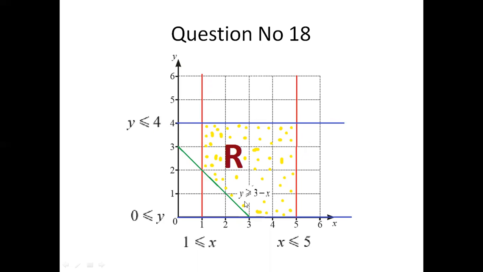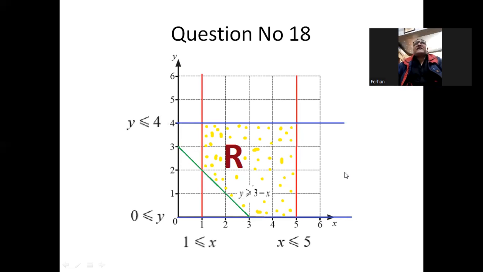Then there was a third inequality given, y equals 3 minus x. I will draw a table. I will put some values of x: 0, 1, 2. At 0, it will give you y equals 3, put a dot here. At 1, it will give you y equals 2. At x equals 2, it will give you y equals 1, put a dot here. And at x equals 3, y will be 0, put a dot here.